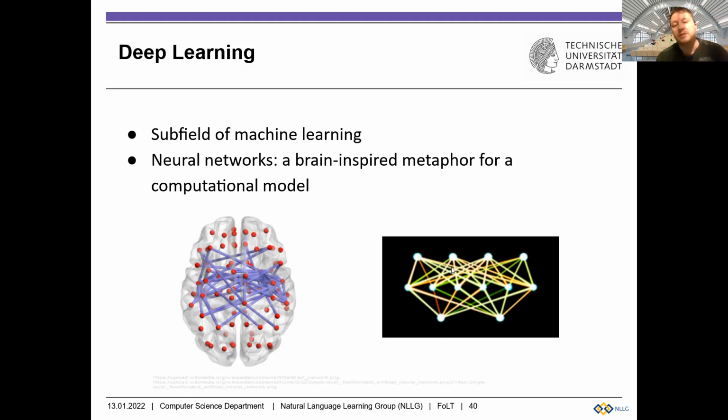Those nodes and units in the network, the little dots, the little balls here, are also called neurons if you have this brain metaphor in your head, or you can also call them units if you want to generalize a little bit and see it in a more abstract way. And those connections are called connections or weights.